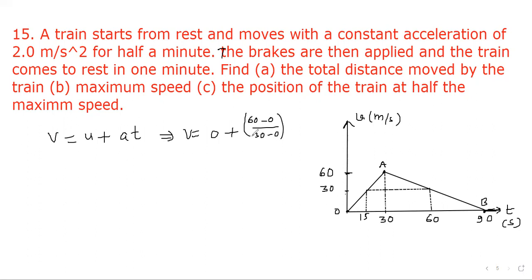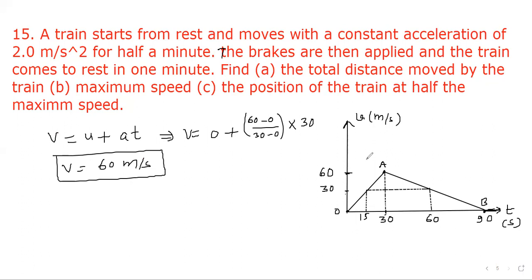That is 2 meters per second square, into time. Time is 30 seconds. So V equal to 60 meters per second. This is the answer to part B. Maximum velocity or maximum speed.